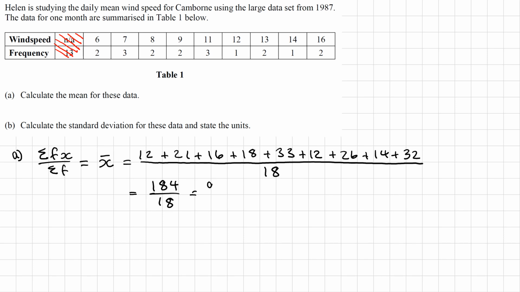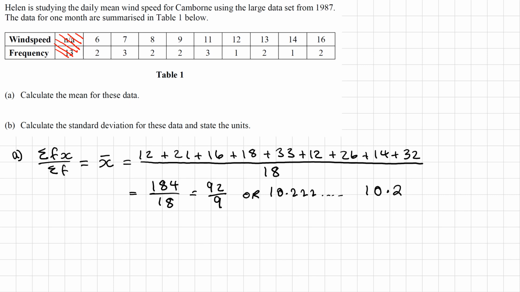That's the exact value. I could give my answer like that, or I've got 10.2 recurring here, but you can always go for 3 significant figures. So I've got 10.2. Now it doesn't ask for the units, so I can just leave it as 10.2.